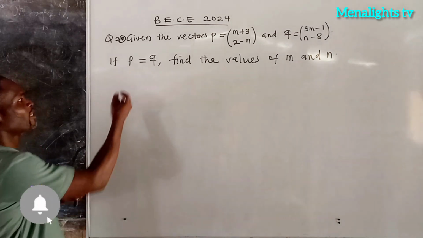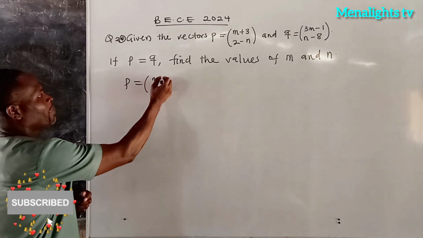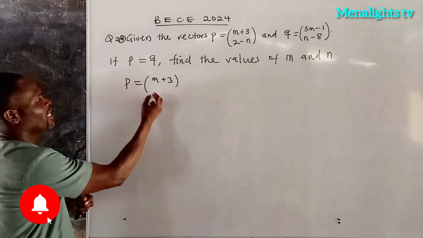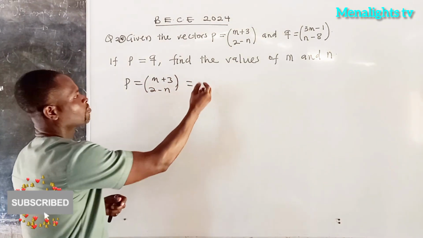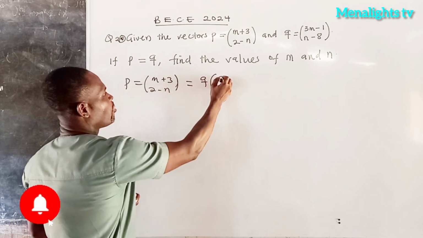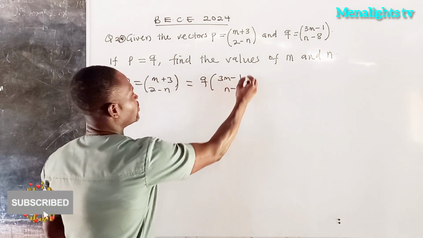So when we look at the first one, P, which is equal to (m + 3, 2 - n), is equal to Q, (3m - 1, n - 8).